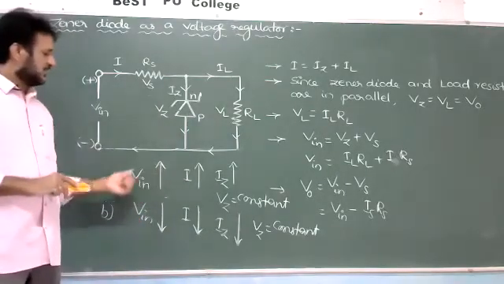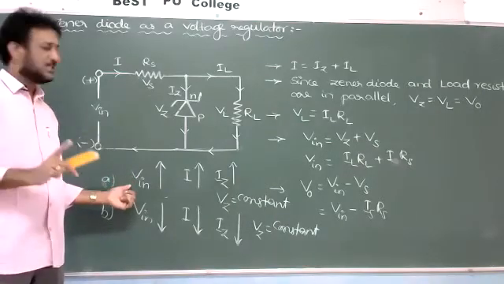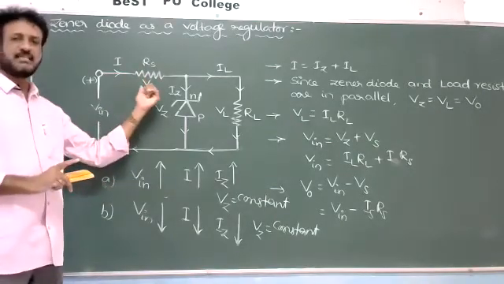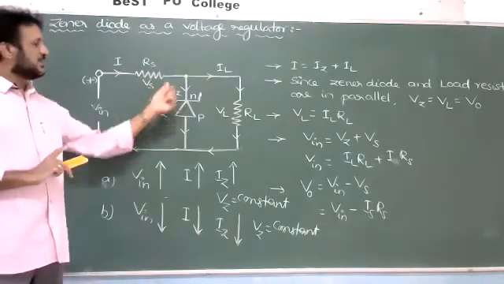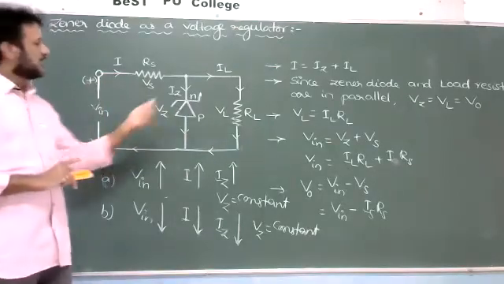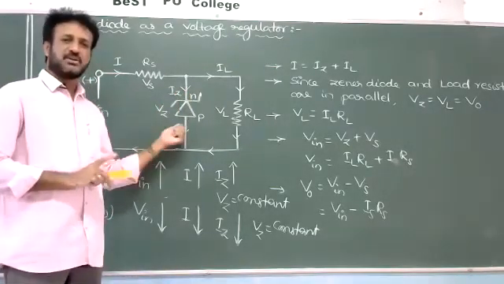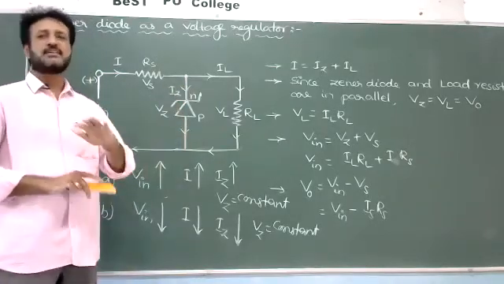When the input line voltage suddenly increases, the current flowing through the series resistance also increases. Correspondingly, the current through the Zener diode also increases. But even though current through the Zener diode increases, the voltage across the Zener diode remains constant.